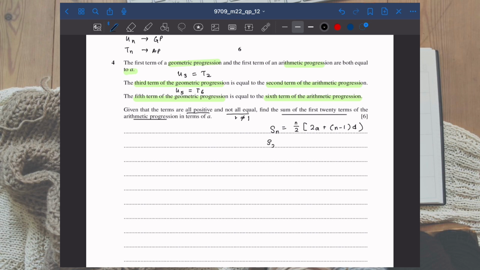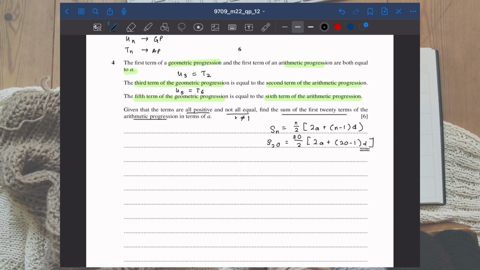So we want the first 20 terms, which is S20 equals 20 over 2 times 2a plus (20 minus 1)d. Since we want all of our terms to be in a, we need to find a substitution for the difference.